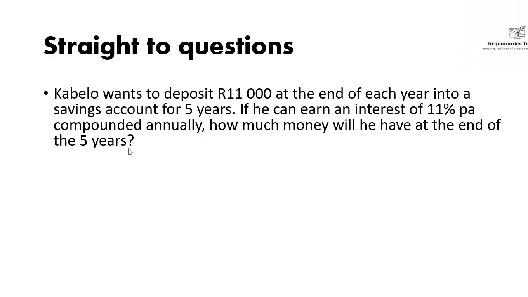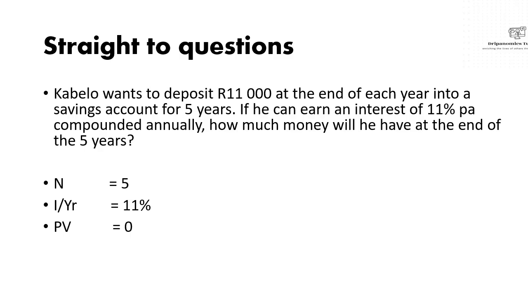Okay, now let's digest this question. Our N is 5, right? Why? It's 5 years. He wants to deposit for 5 years and it's compounded annually. 5 times 1 is 5, right? Interest, 11%. No brainer, they've given us the interest. Okay, PV. Are we given the present value?